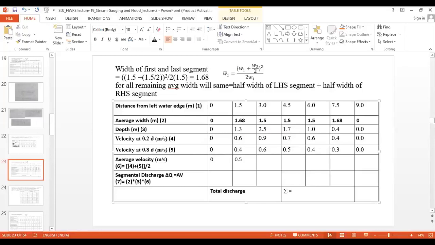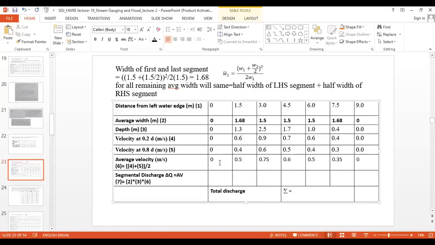Then next it is 0.9 plus 0.6, that is 1.5 by 2, that is 0.75. Then 0.7 plus 0.5, that is 1.2 by 2, that is 0.6. Next 0.6 plus 0.4, that is 1 by 2, 0.5. Then 0.4 plus 0.3, that is 0.7 upon 2, that is 0.35. And lastly it will be 0, isn't it?